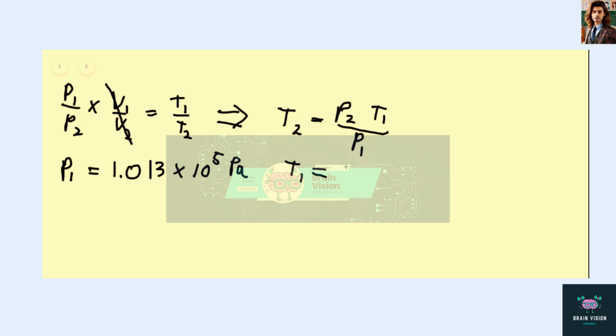So it's 273 plus 18 to convert from Celsius to Kelvin, which is equal to 291. So temperature is equal to 291 Kelvin. Actually, let's get rid of the degrees because it's slightly confusing. 291 Kelvin. And we can calculate the pressure that we require to exert 10 newtons of force.